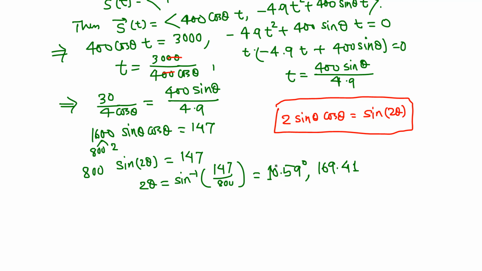So sine of this angle is this fraction and sine of this is also this fraction. So that's 2 theta. Then theta is divided by 2, so we get 5.3 degrees, and another is 84.7 degrees. So these are the answers. Final.